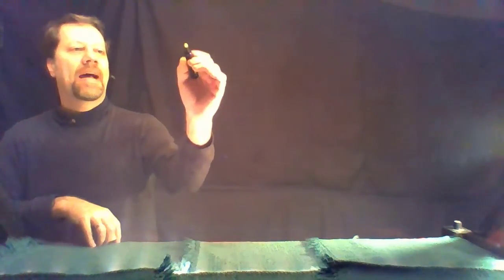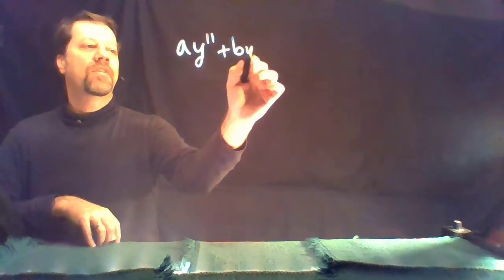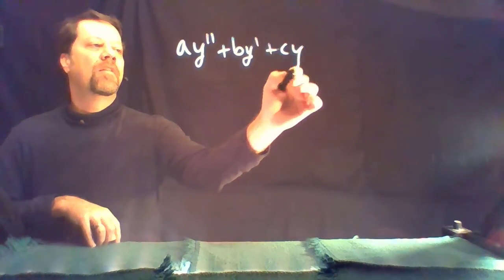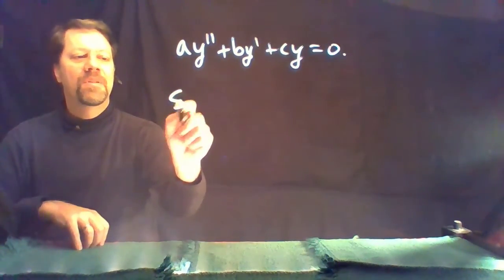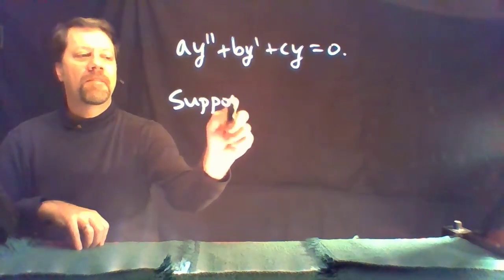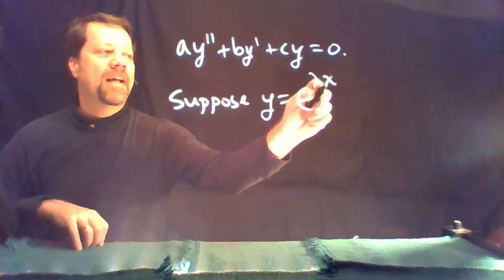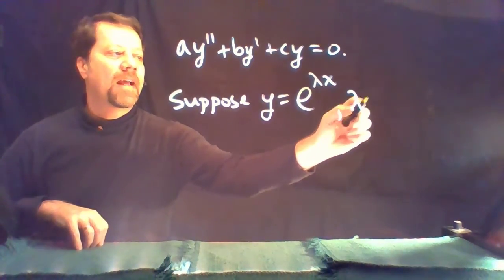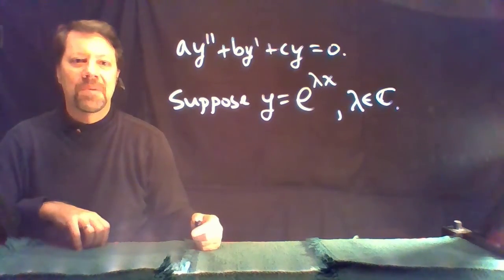Back to our second order linear, constant coefficient, homogeneous equation. I'm going to assume that the solution has the form e to the lambda x, where lambda is assumed to be some possibly complex number.